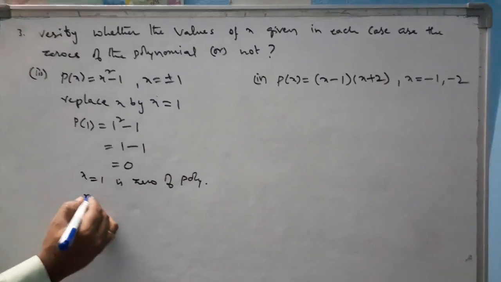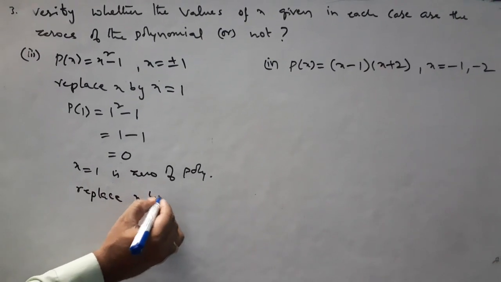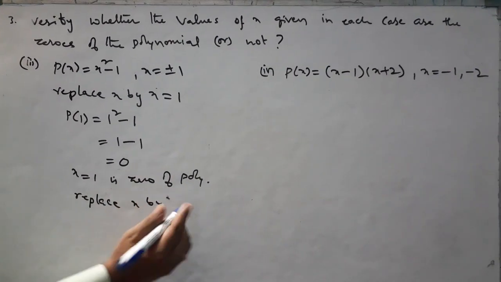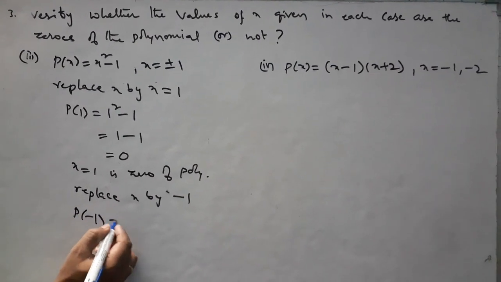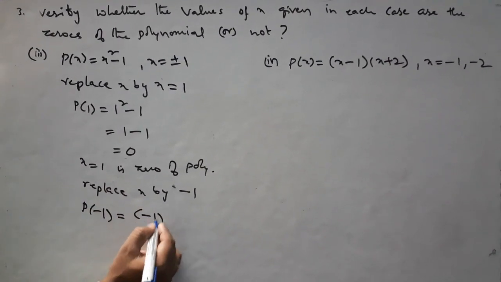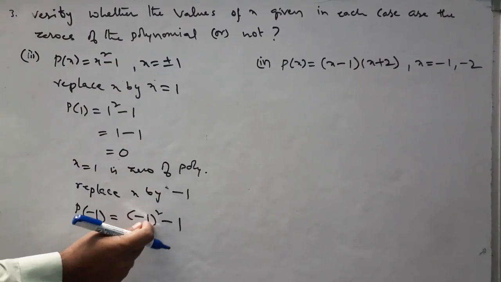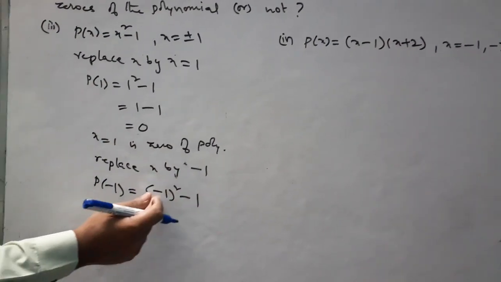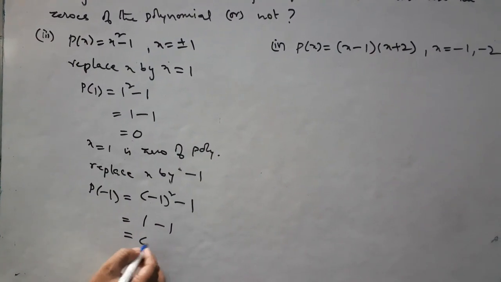Next, replace x by minus 1. So p of minus 1 is equal to minus 1 whole square minus 1. Minus 1 whole square means 1. 1 minus 1 means 0.